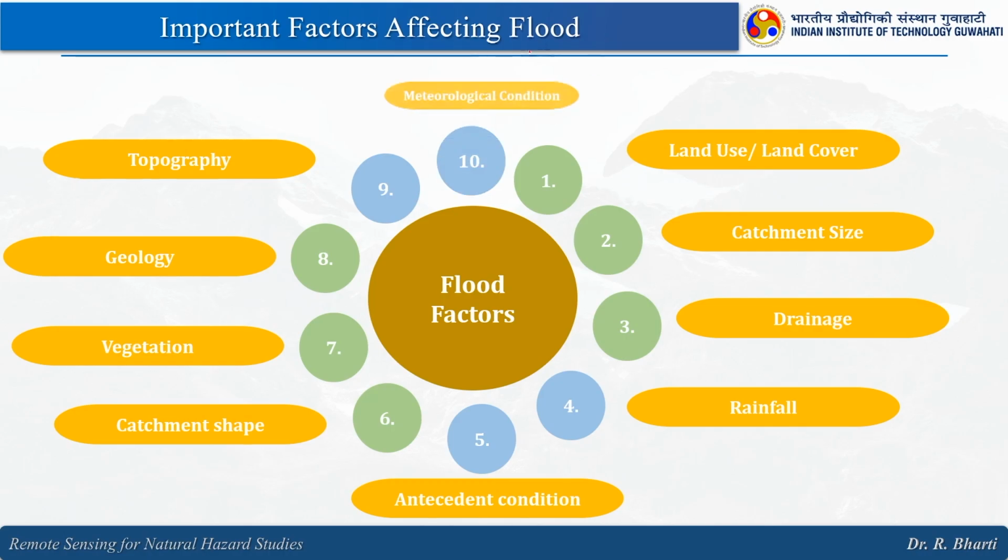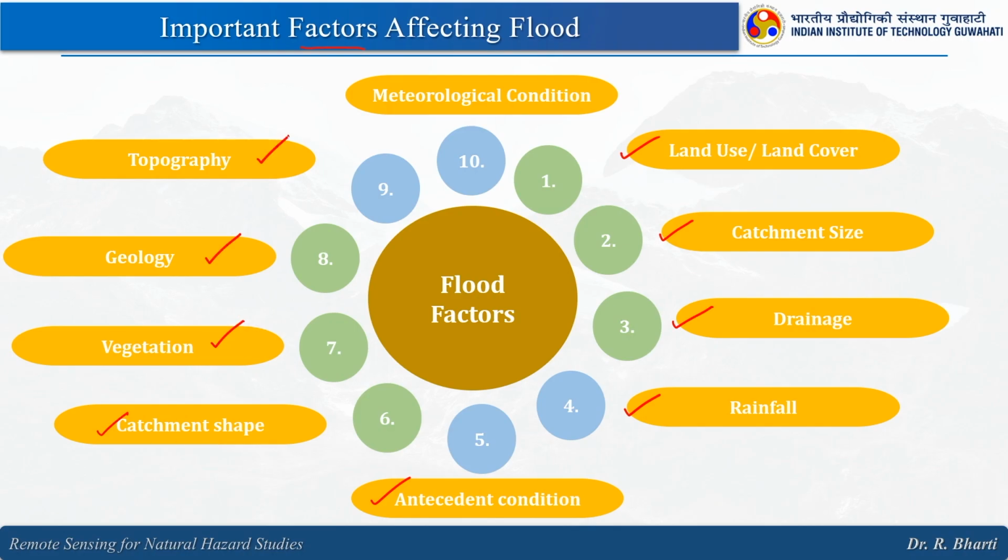Now, the important factors which play a critical role in flood: the first one is land use land cover, then catchment size, then drainage, then rainfall, then antecedent moisture condition, then catchment shape, then vegetation, then the geology of that area, the topography of that area, and then meteorological conditions.